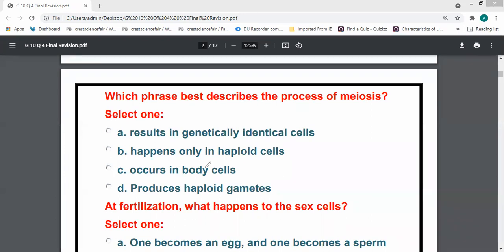Which one, guys? No one knows the answer? I will choose, okay. Happens in haploid cells. Happens only in haploid cells. Yes. Is your answer? Yes.